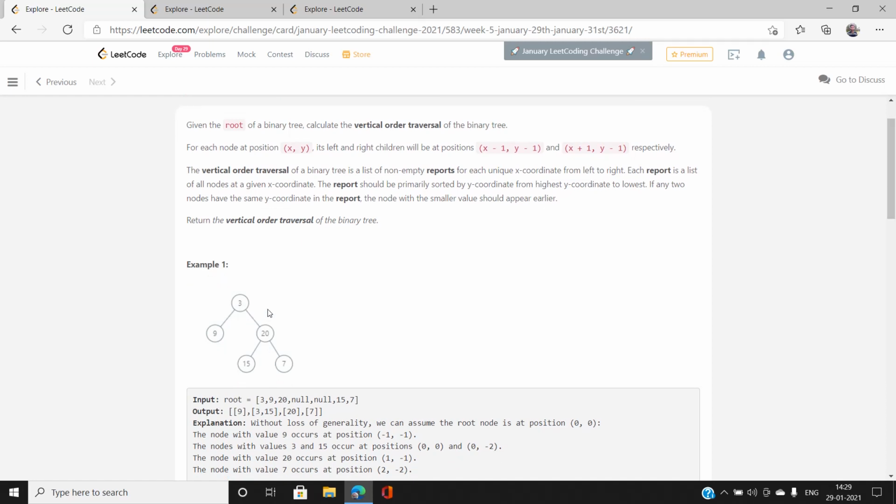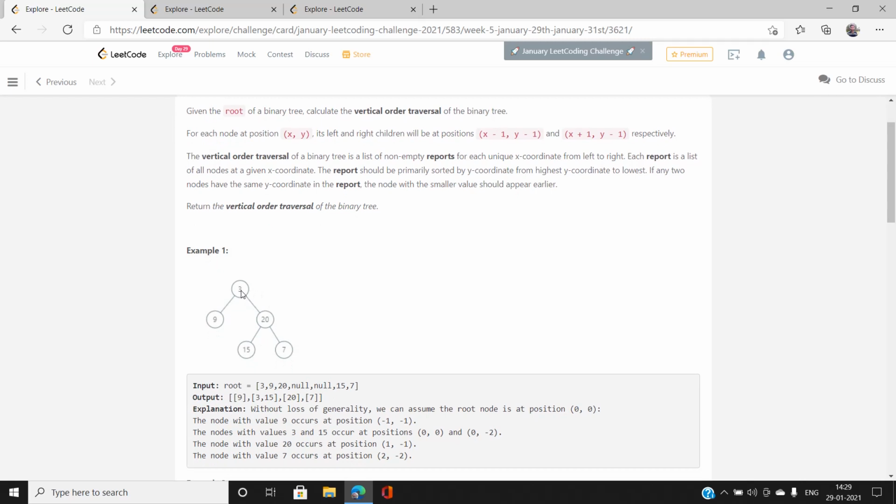Now suppose the root node is 3, and we have to traverse this binary tree in vertical fashion. When we move to our right child node, that is 20, we are going to increment our x coordinate.